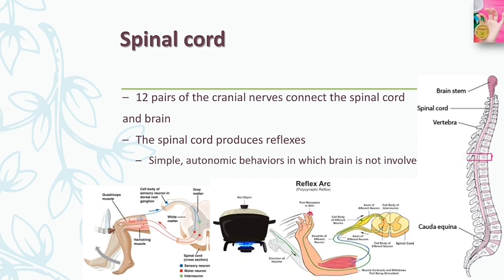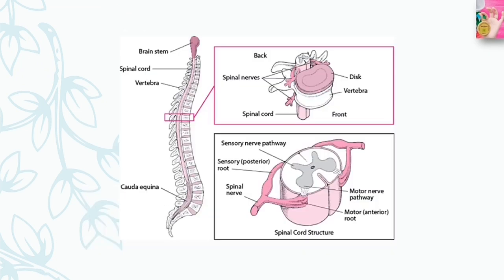The spinal cord runs from the base of the brain to just below the level of the waist, and it houses bundles of axons that carry the brain's commands to peripheral nerves and relay sensations from the periphery of the body to the brain.